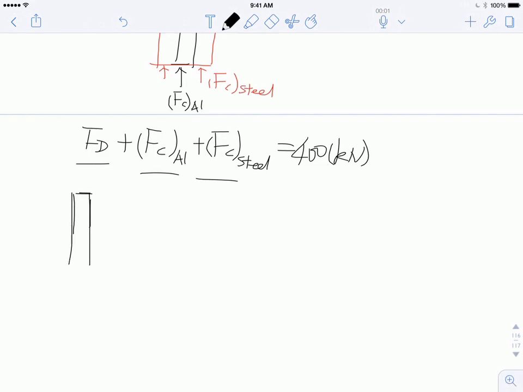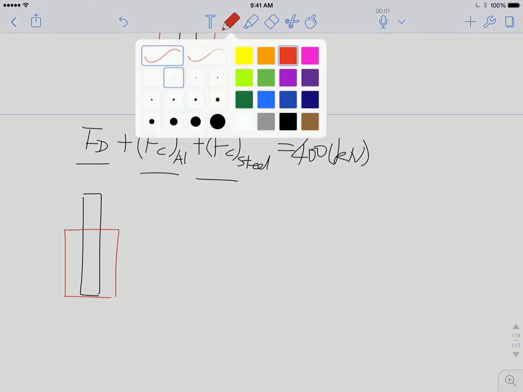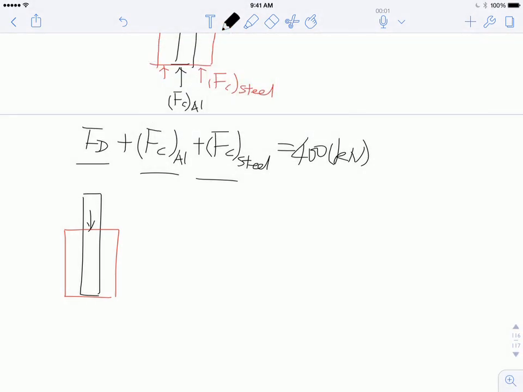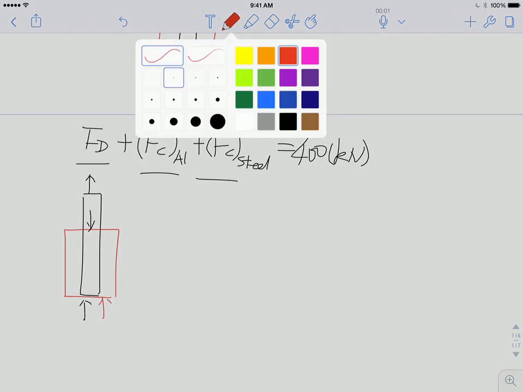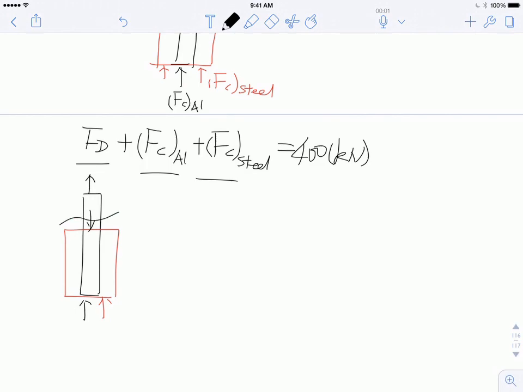Let me draw it the other way. There's aluminum and there's stainless steel. Then we have the force going downwards. Then we have this force, and one more force from the stainless steel, right? Now, if you look at these two in two sections like we always do, whatever displacement here plus whatever displacement here, they should equal to 0, right? Okay, so let's see how we can solve it.